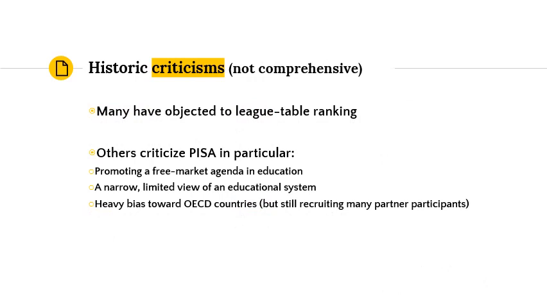Some criticism, not comprehensive of course, but probably the most famous one is the objection to league tables and the perverse results of having these league tables. The problem with league tables is that they do not take the context into account.